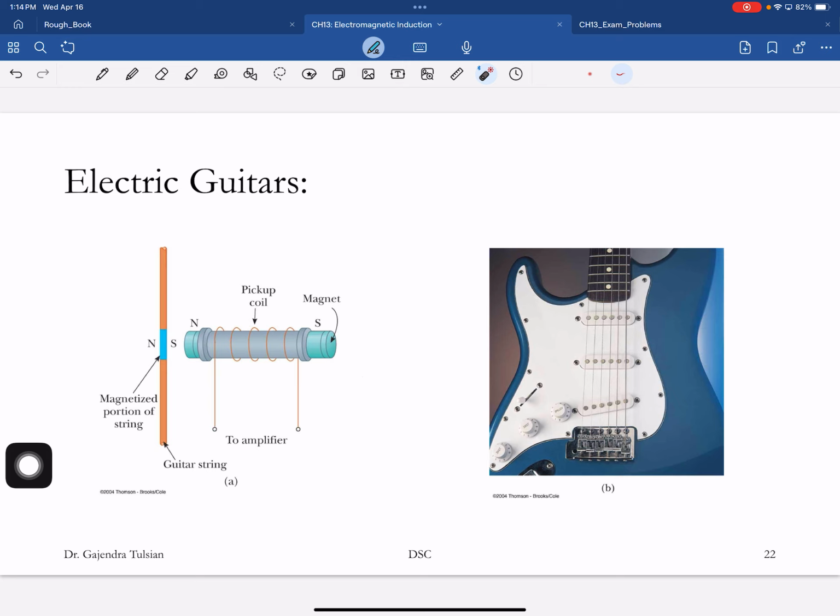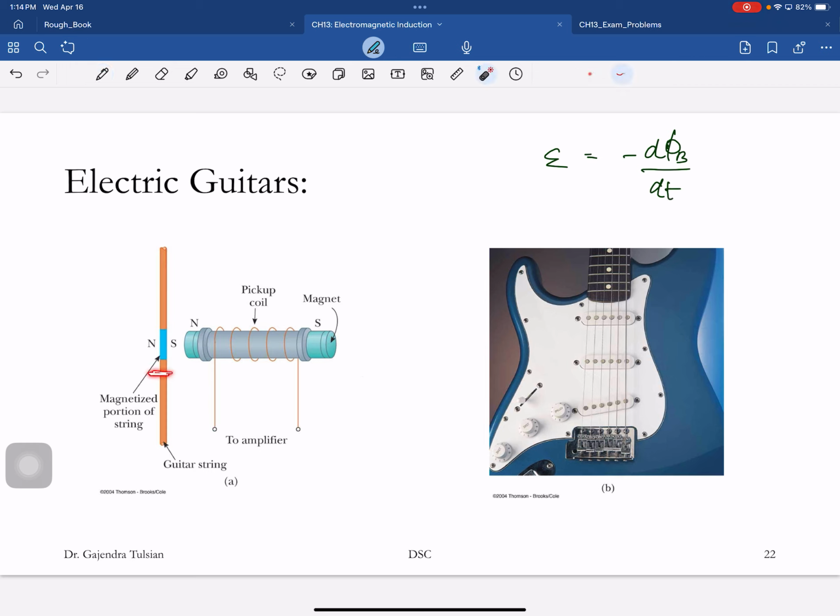All right, now we can use an electric guitar. Okay, so here's the string. As the string vibrates, if you magnetize this portion of the string, okay, now you know Faraday's law. You can induce an EMF.